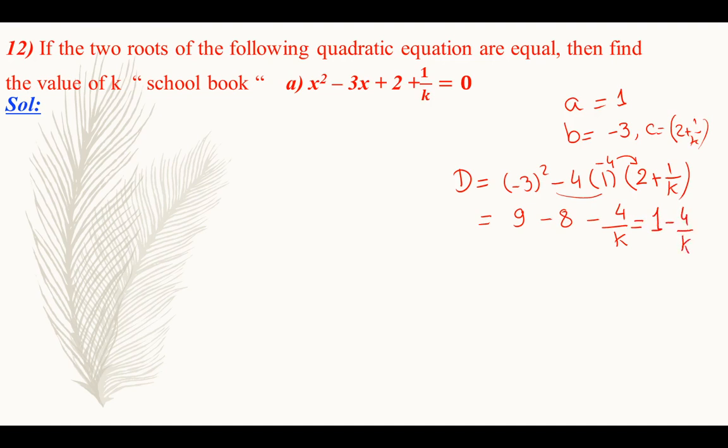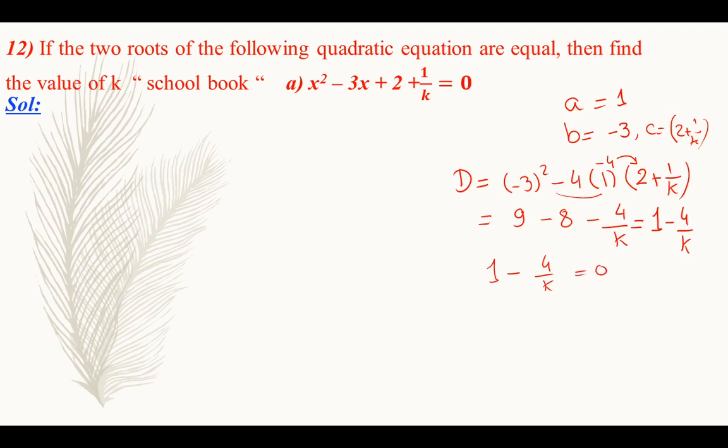In this problem, it says that the two roots of the quadratic equation are equal. Since the roots are equal, that is to say the discriminant equals 0. So now we are going to write 1 minus 4 over k equals 0.